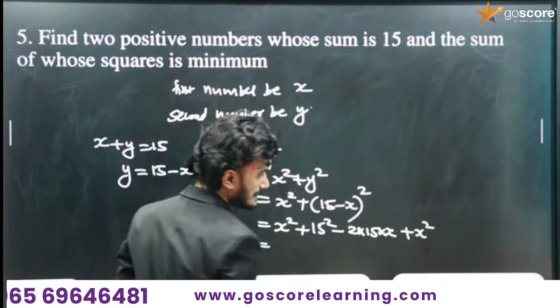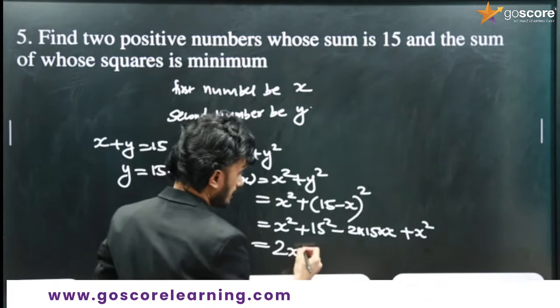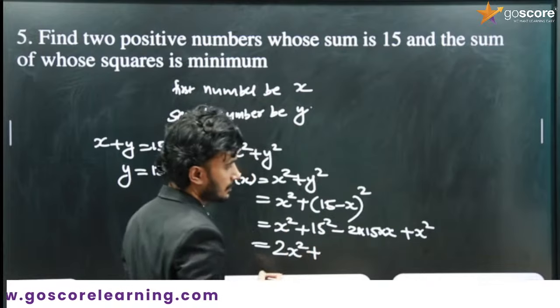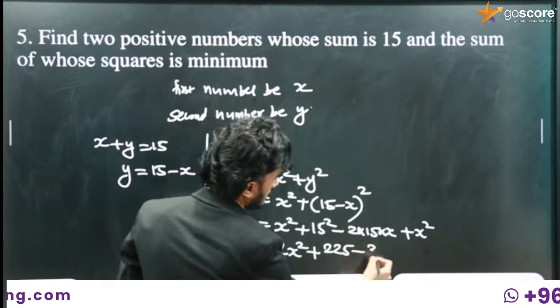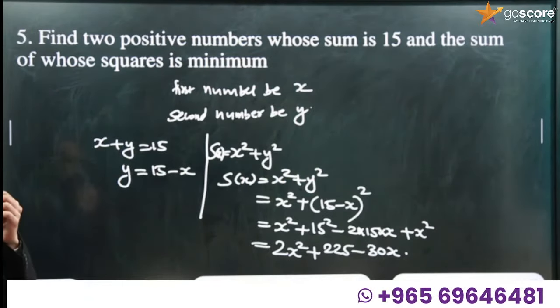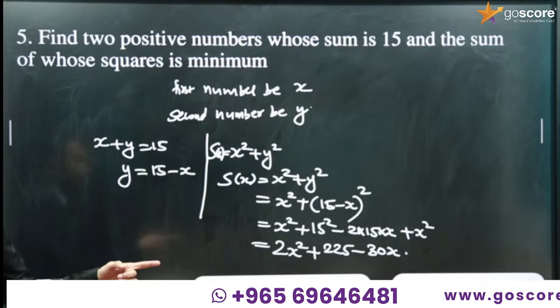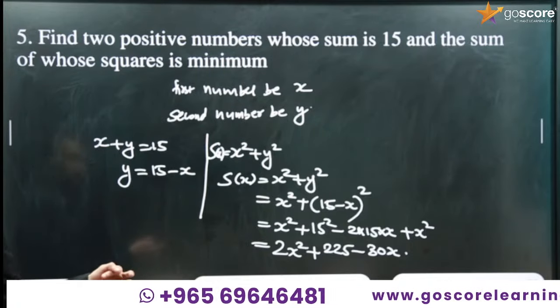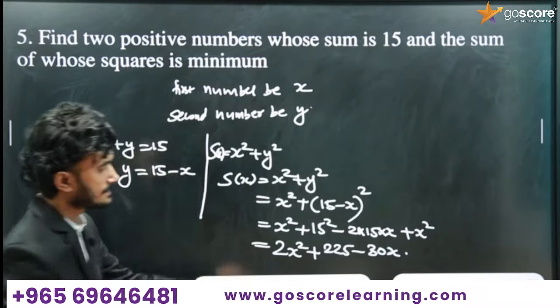So x square plus x square is 2x square, plus 15 square is 225, minus 30x. So 2x square minus 30x plus 225 is the function.